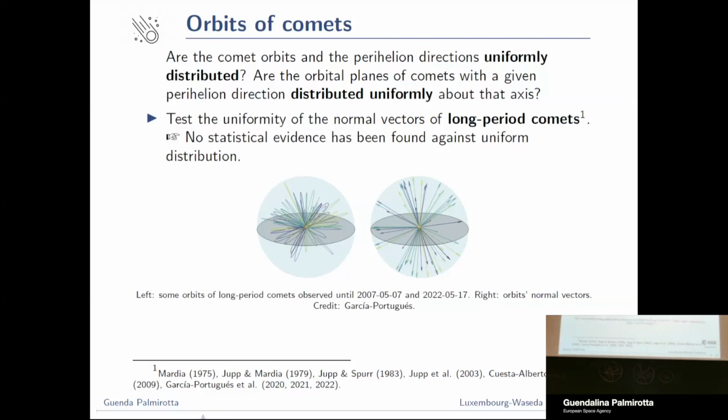You can really see the orbits of long period comets, observed from 2007 to 2022. And on the right, the normal vectors. Using one uniformity test or various tests that I showed before, the outcome is that there is no statistical evidence against a uniform distribution. Here I listed the papers that use uniformity tests for this kind of application.